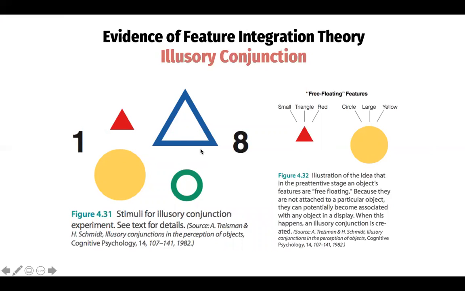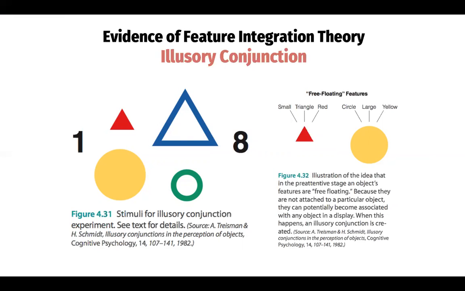The researchers presented a display like the one in this left figure, in which 4 objects are flanked by 2 black numbers, 1 and 8. They flashed this display onto a screen for one-fifth of a second, followed by a random dot masking field designed to eliminate any residual perception that might remain after the stimuli were turned off.